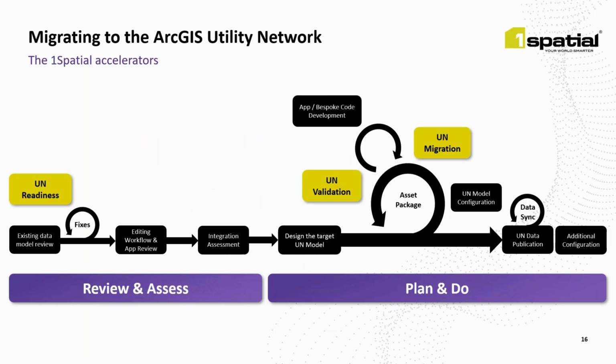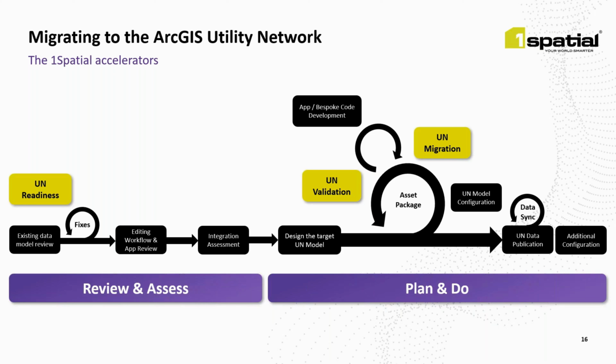So from an end-to-end process, obviously everybody's mileage may vary. The situation looks slightly different between each utility company, but this might be what the flow of your data looks like as you work through the project.